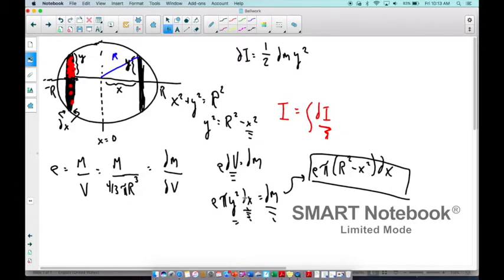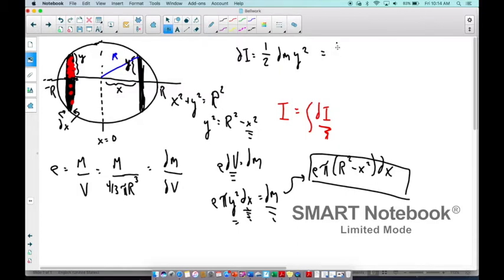And then I said, wait a second, I need to put y in terms of x, and I realized I could draw a triangle here for every single disk, and put the height in terms of how far away I am from x equals 0, based on Pythagorean theorem with a constant r value. So this will always be true. Rearrange and get y squared equals this, and I plug that in and got an expression for dm. So I can put this right up here for dm, and then I also, again, already have y squared in terms of x. So my dI then is going to be this.